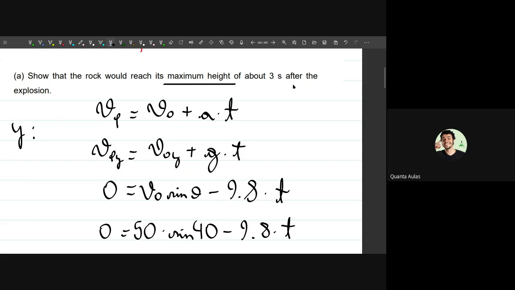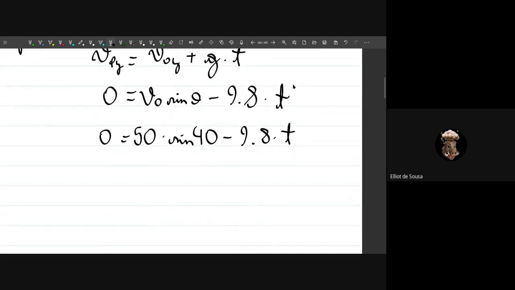Now we have to isolate the letter t, the time variable. Do you know how to isolate this? It's v0 sine theta over acceleration.